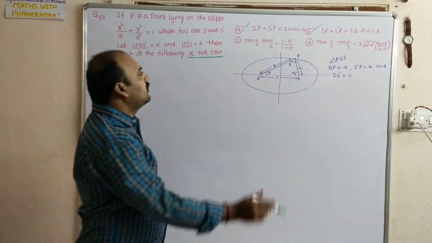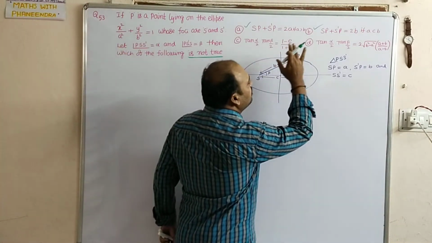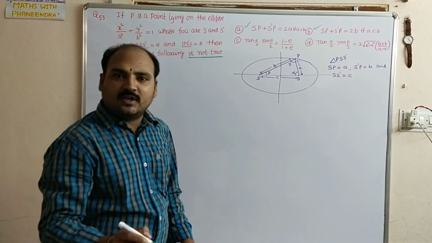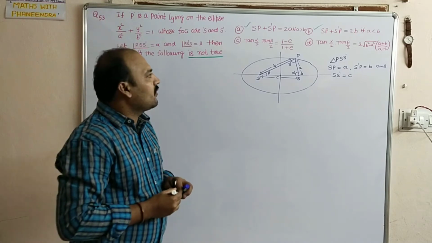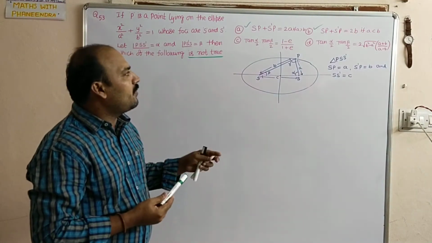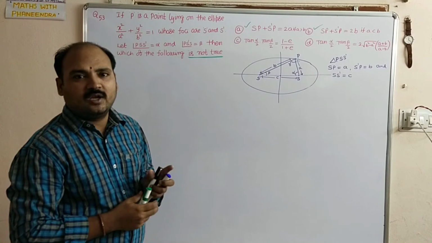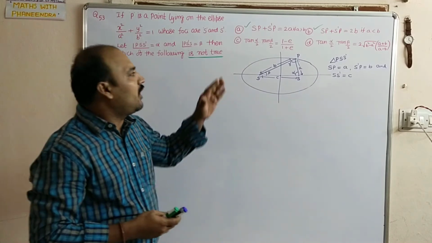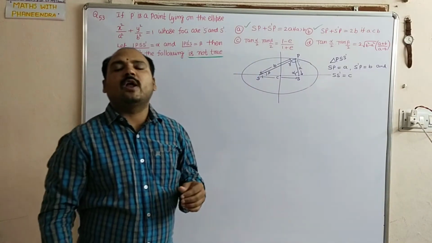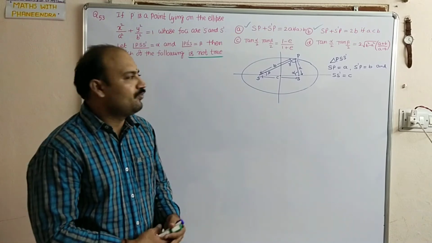So what for option C and option D? If you observe, in both, tan alpha by 2 and tan beta by 2 are there. We have to calculate the values of tan alpha by 2, tan beta by 2.